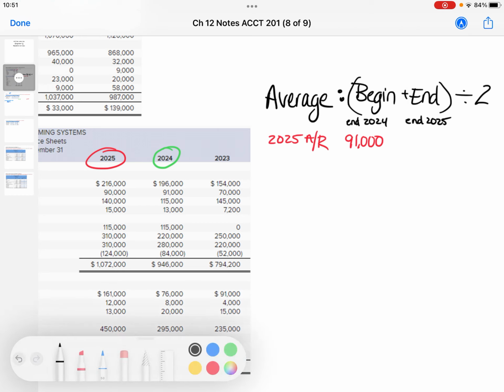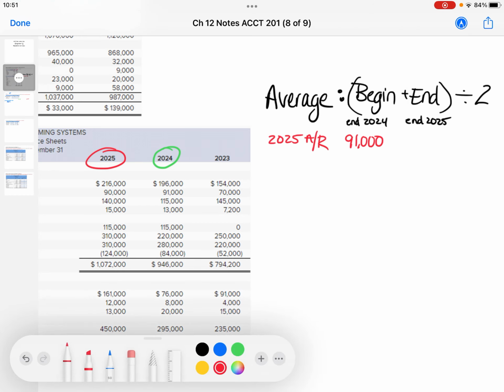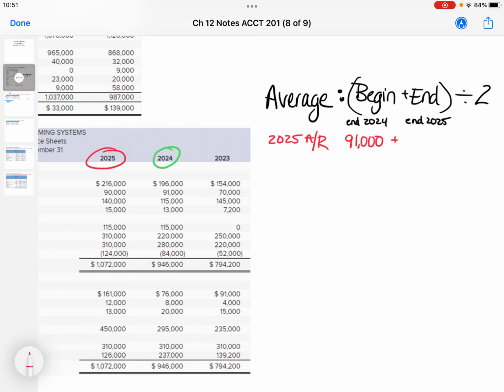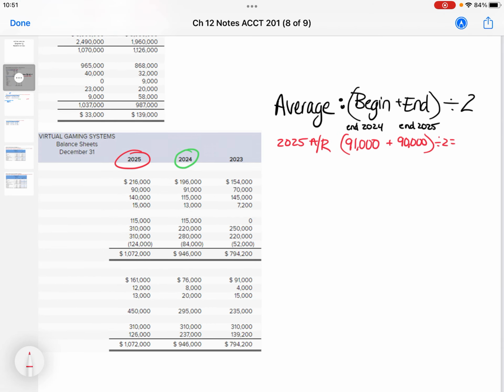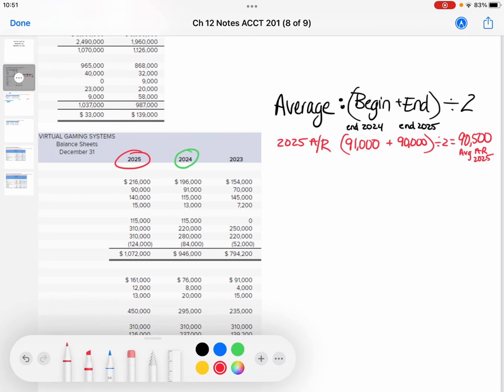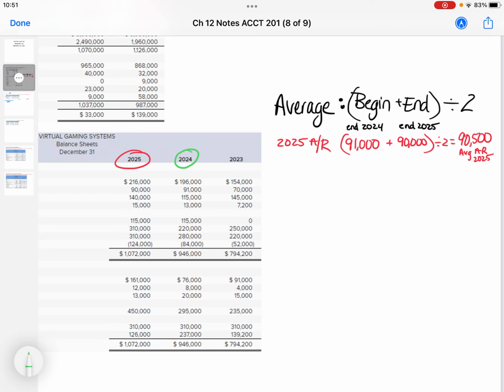Okay, so let's put that in here. 90,000. So 90 plus 91,000, and then divide that by 2, and you will get 90,500 as the average accounts receivable for 2025.